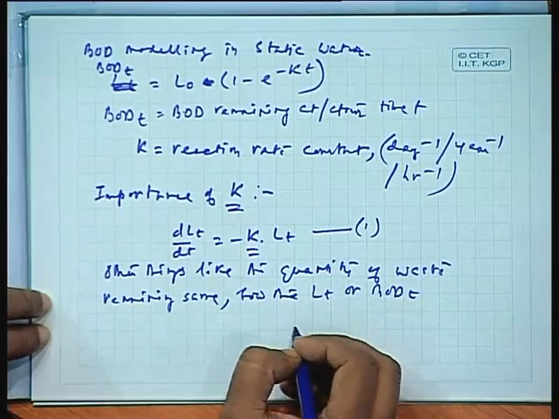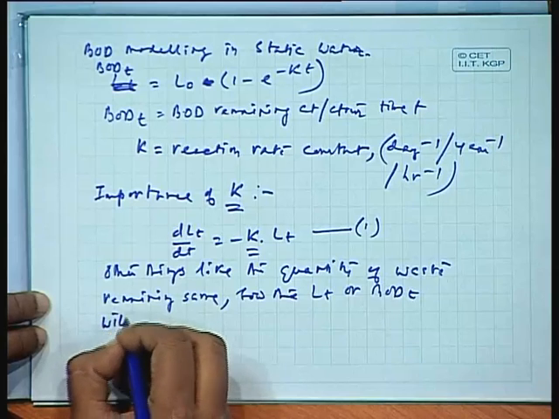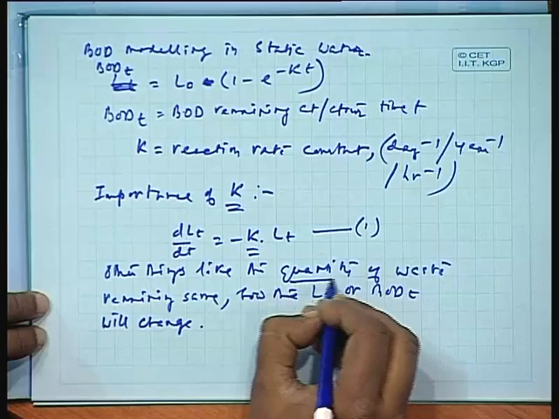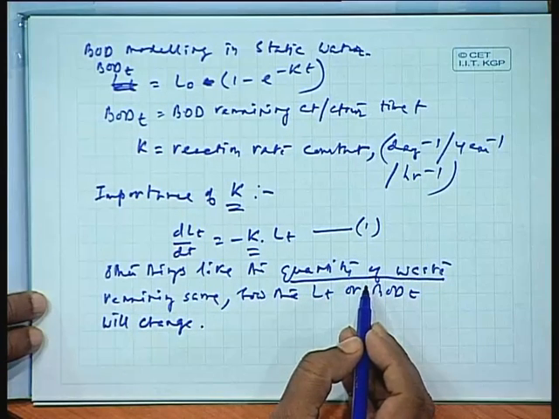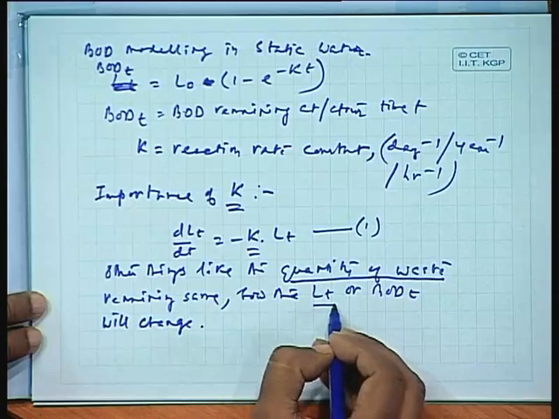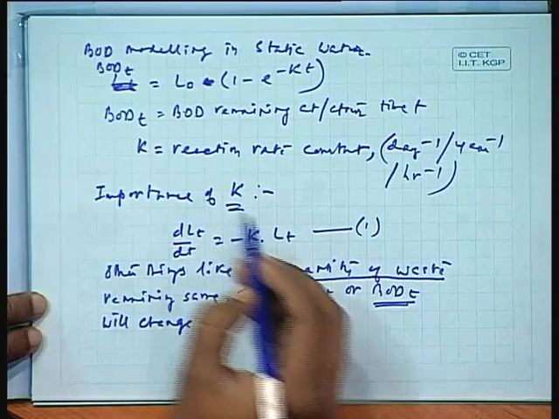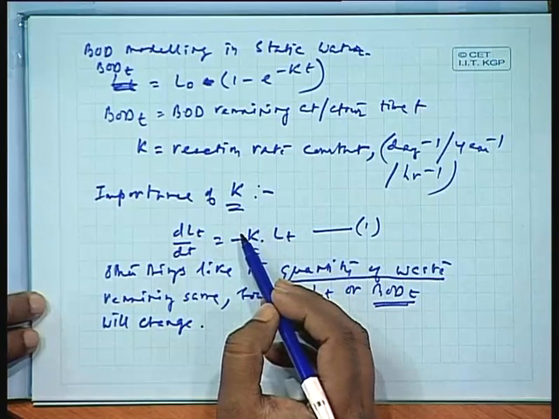So, with the quantity of the waste remaining the same, the nature of this function would essentially be guided by this parameter k.